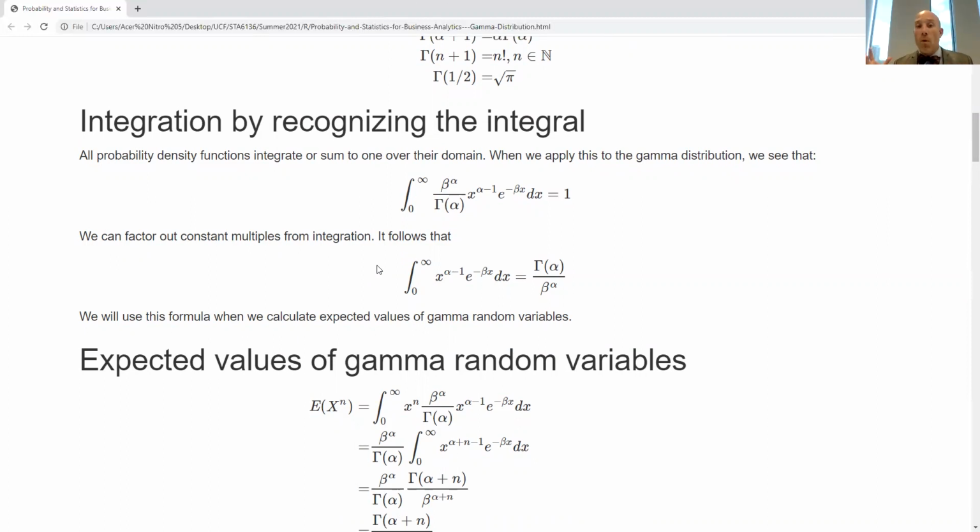And so what that does for me is that anytime in mathematics, if I see something proportional to that integral, and I'm integrating over the entire domain, I know the value that's going to end up being. So check this out. If I take the gamma distribution and I integrate from 0 to infinity, I know the value is going to be 1. Why? Because it's a probability distribution function.